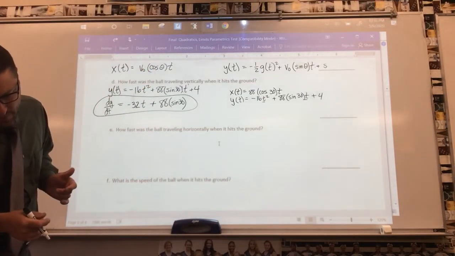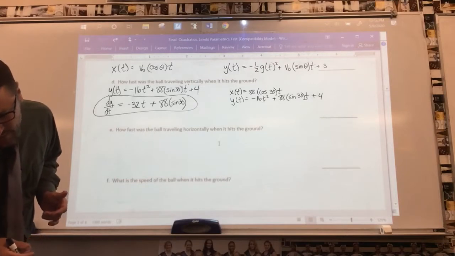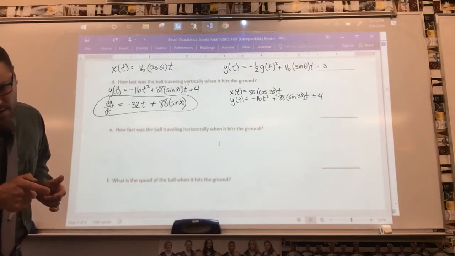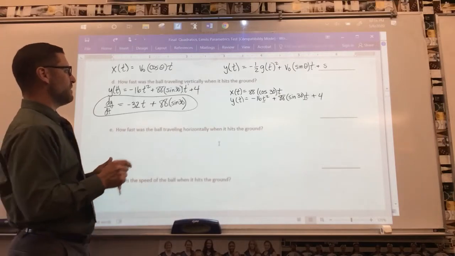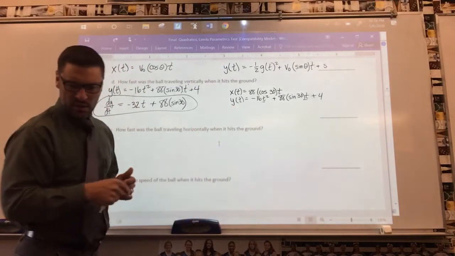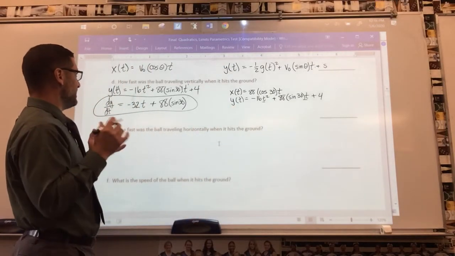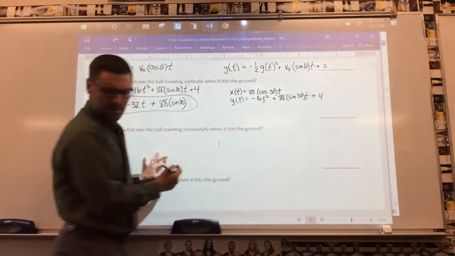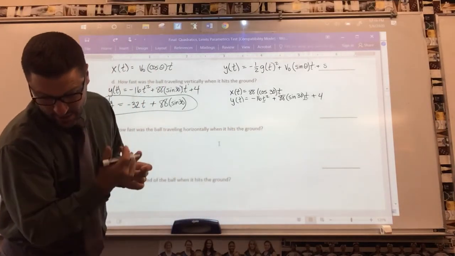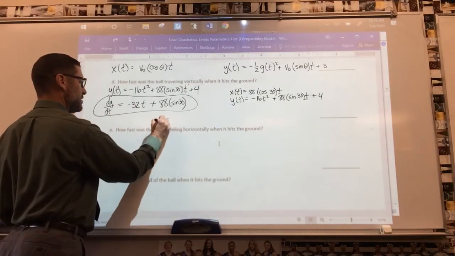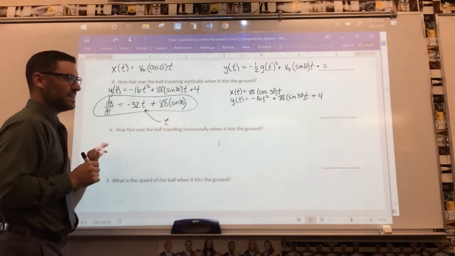Well, up above what we found, I think, let me see, find the time the ball is in the air. We actually found a number for how long the ball was in the air. When we set this equal to 0, we found that t value. And whatever you got for that t value when it hits the ground, I think it's letter A, you're going to take that t value and you're going to plug it in right there for that t.